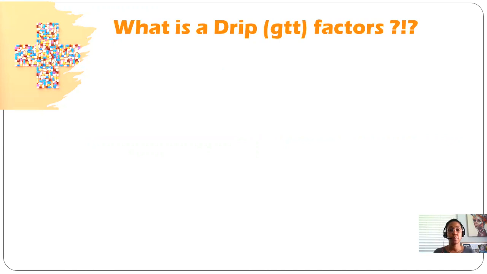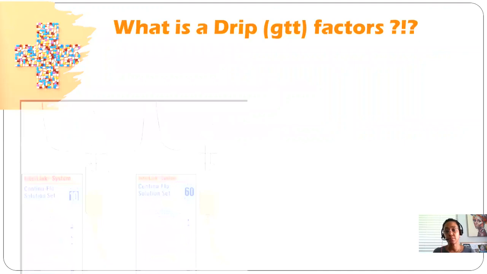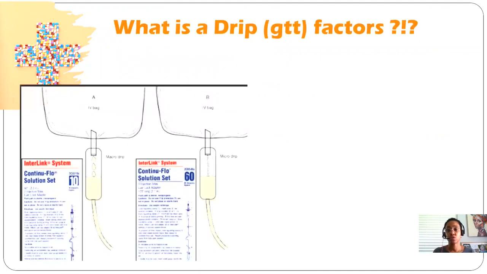What is a drip factor? Before we get into drip calculation, IV calculation, you kind of have to know what a drip factor is. So we have micro drips and macro drips. And that basically refers to the diameter of the needle in the chamber of your IV line. So an IV drip factor reflects the size of the drop that the fluid IV line or tubing creates.